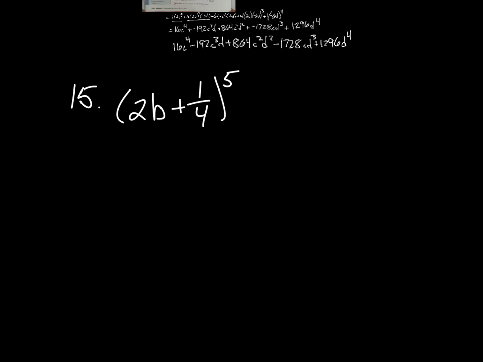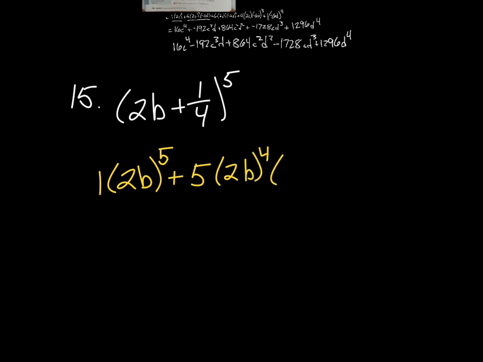No, it's 1 to the... All right, 1 from Pascal's triangle, right, and then 2b to the 5th, plus 5 from the Pascal's triangle times 2b to the 4th times 1/4, and we'll just leave it as the first.